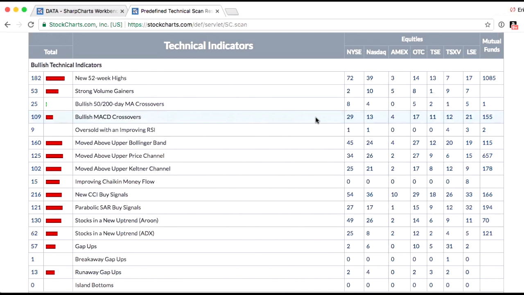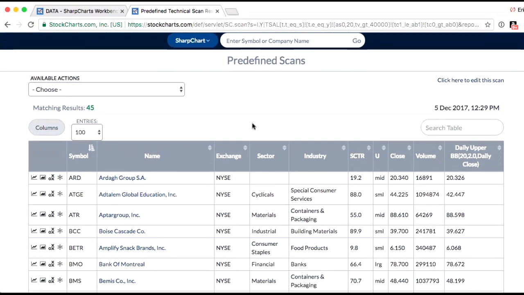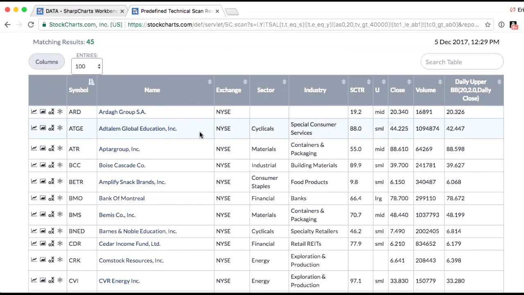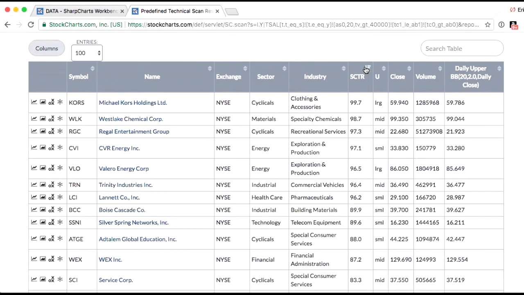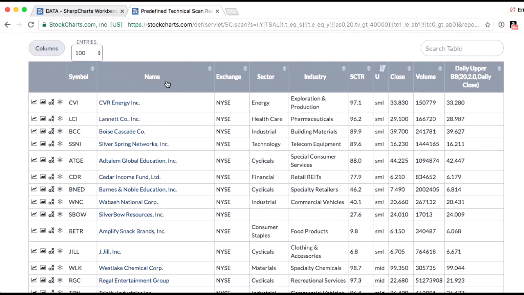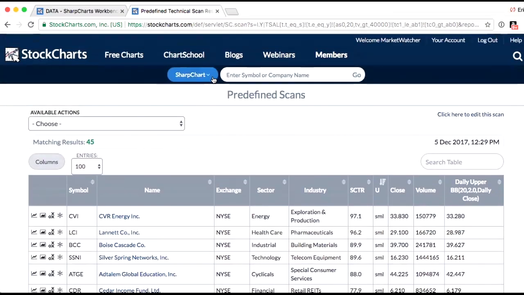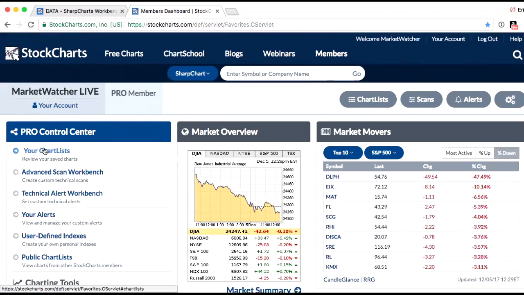Then you can even pick the charts from whatever index you want. This was the Bollinger Band one. I didn't call this one up, but it's very simple. Once you have it, you can organize it by scooter rank or small, large, mid. It's very handy. So that's where I came up with my chart list today.